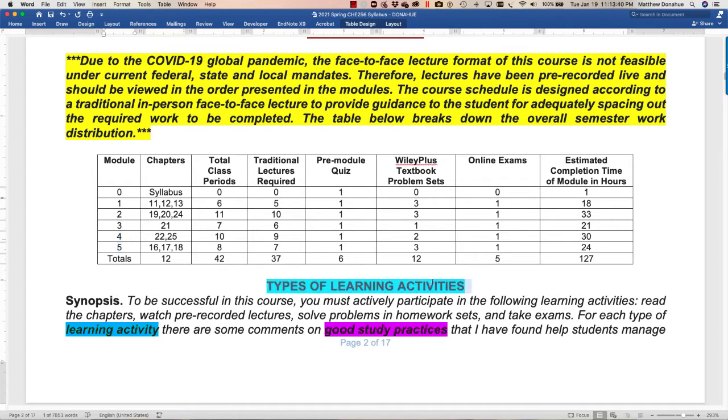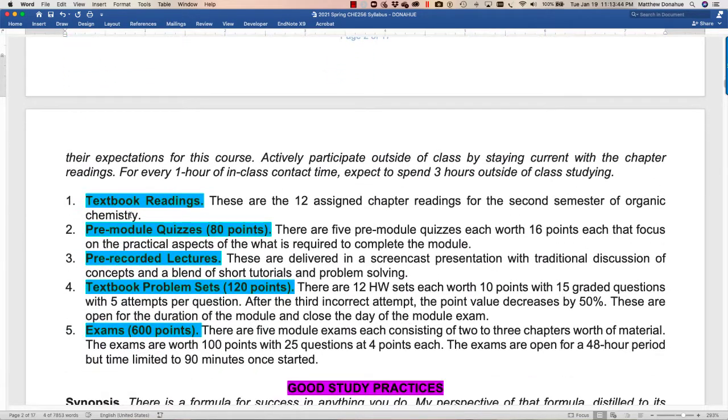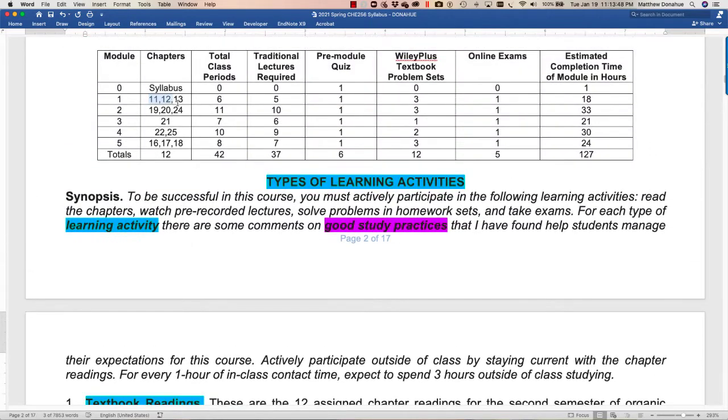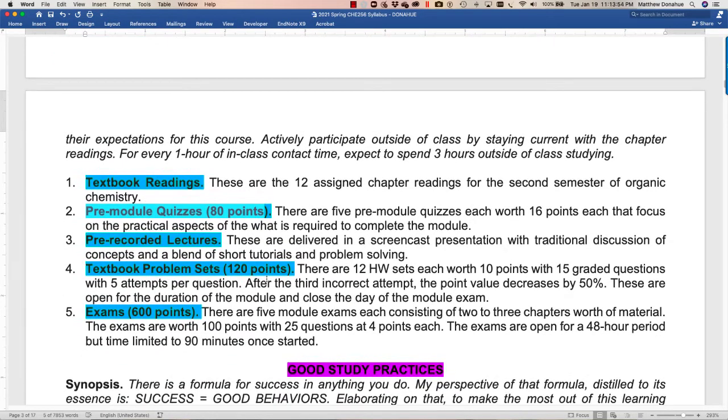Our types of learning activities are shown here. There are textbook readings. As you see up here, these are the chapters you should read. There's a pre-module quiz, as you'll see in Canvas, and these are going to be questions about the module in which the answers are found in the syllabus.